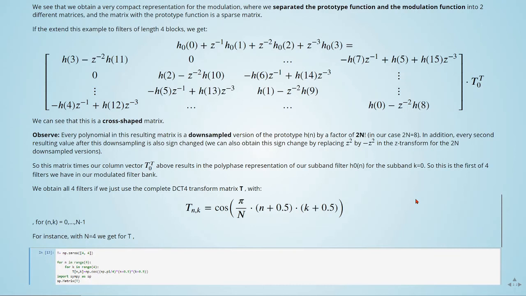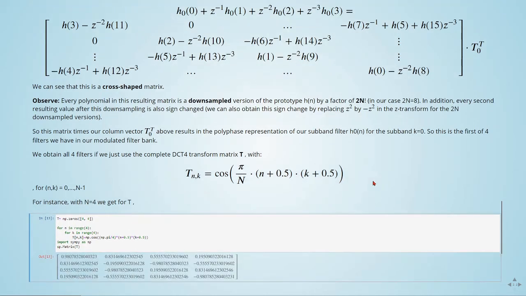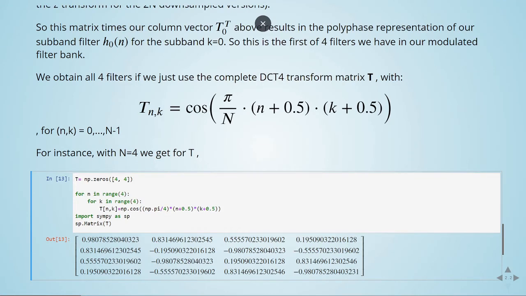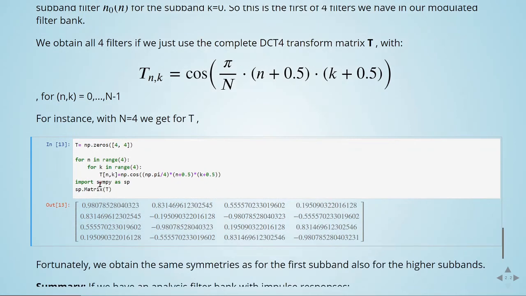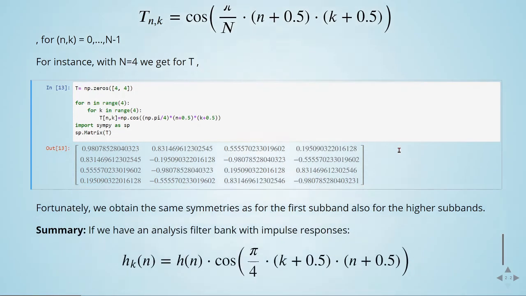We obtain all 4 filters if we just use the complete DCT4 transform matrix T given here. So for instance, with N equals 4, we get for T these values here using this Python function. We are just implementing this in Python.